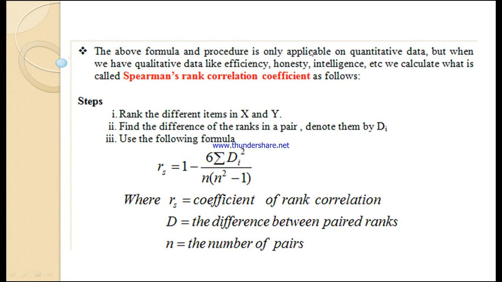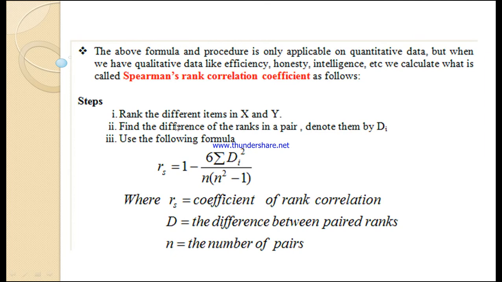But sometimes our data may be qualitative. When we are dealing with the correlation coefficient of qualitative data, we need to work through 3 steps. Step number 1: we begin by ranking the different items in x and y.